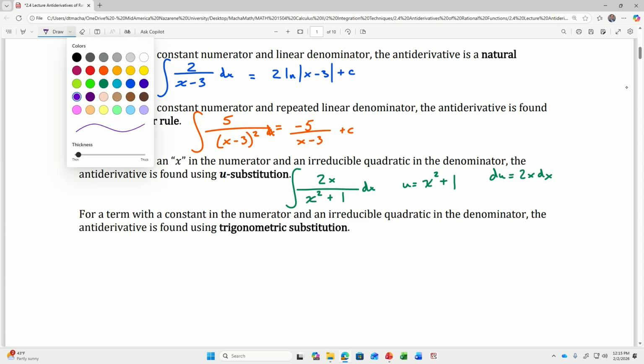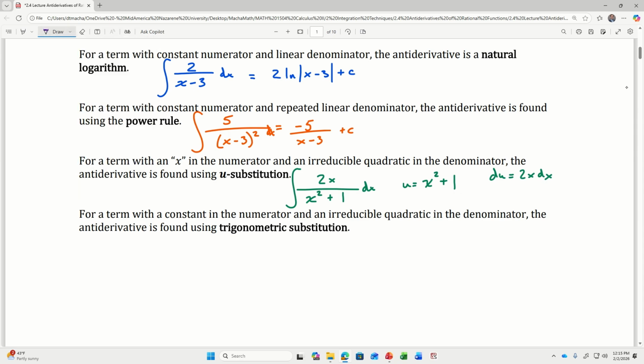The last case is what happens if I have a constant in the numerator and an irreducible quadratic in the denominator. Well, this would be a case when I have to use trig sub, which is the strategies we talked about on Friday, where you see a pattern like a variable squared plus a constant squared, and you write down something like u equals a tangent theta, secant theta, sine theta, and you draw a triangle and you label it and so on.